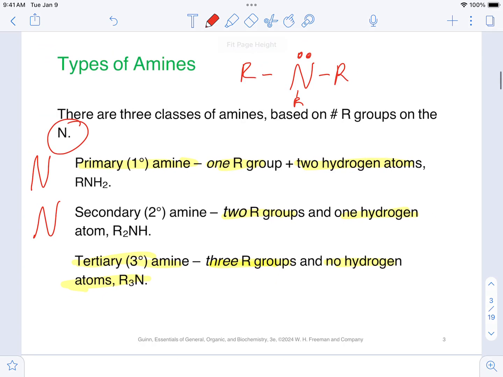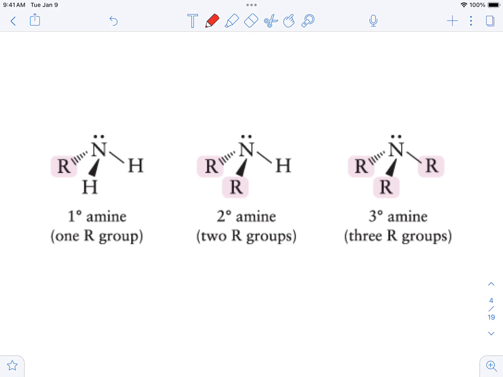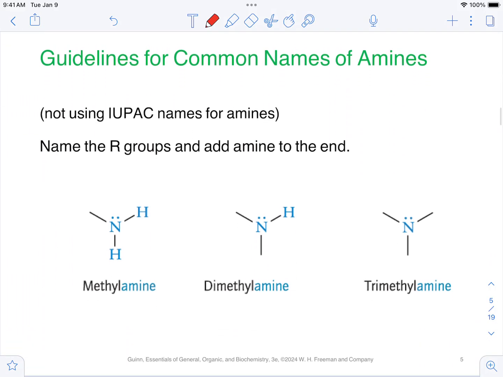And you will see that on the next slide, the difference between the primary, secondary, and tertiary. So you're locating your nitrogen atom and then seeing how many R groups are on it. Like I said before, we're not using the IUPAC names for this. We're just going to use the common names. So you're just looking at the R group, and then however many you have, either methyl, dimethyl, trimethyl, and add amine on the end of it.